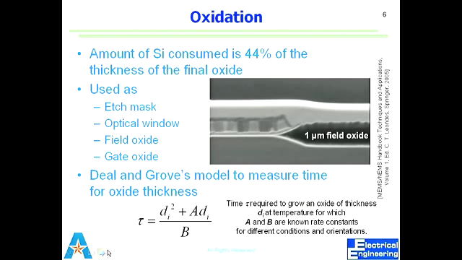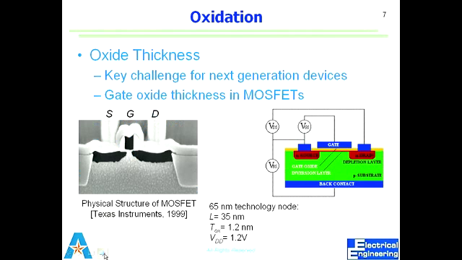If I know the time that I want to use, I can figure out what's the thickness I will get. Right? But that's not good for thin oxide. That's a different model. Once we get into oxidation, precisely we'll see what happens there.